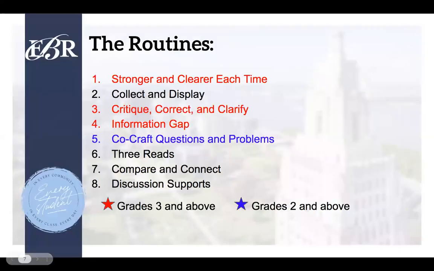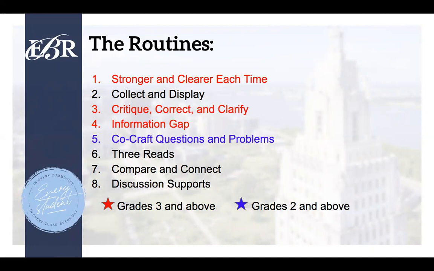On this screen, you see the 8 routines, and we will have an opportunity to unpack and look at each of these. But there are a couple of things I want to bring to your attention. 3 of those I've highlighted in red: 1, 3, and 4. These routines are typically used with students in grades 3 and above because students need to be able to independently read and write in order to execute the directions for those routines.